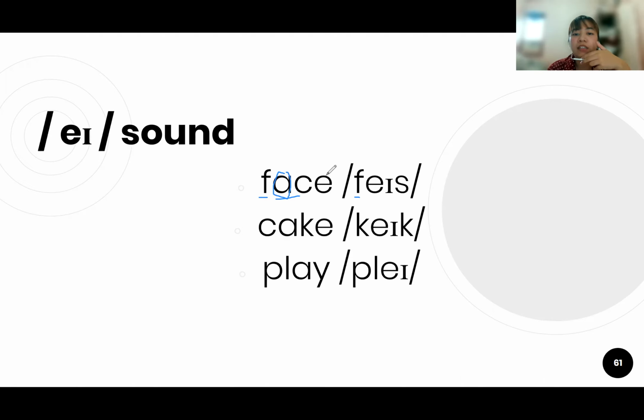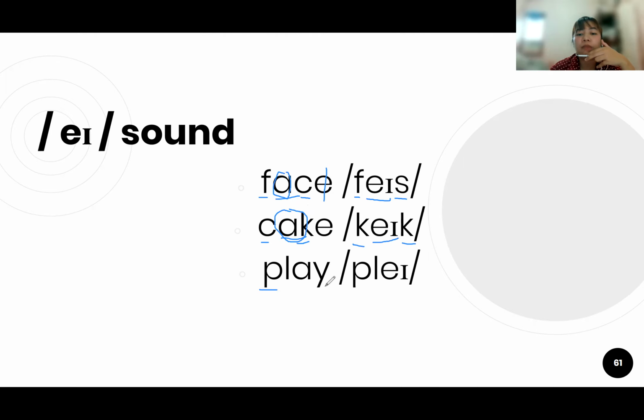So since in the word face, letter A produces the A sound, we use this diphthong symbol, which produces the A sound. And of course, your C here, and the E is silent in face. Next, you have your cake, your K, and your letter C and your letter K produces the same sound, K. And your letter A here still produces your A sound, cake.